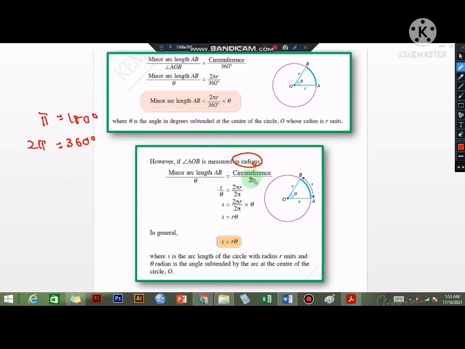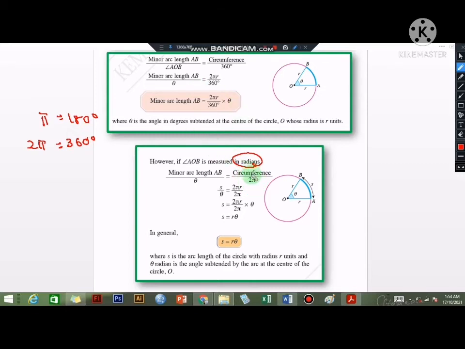So that's why the angle was in degrees. But in this chapter you are going to learn angle in the unit of radian. So you need to change 360 degrees into radians. If you want to change into radian, 360 degrees is equal to 2 pi.